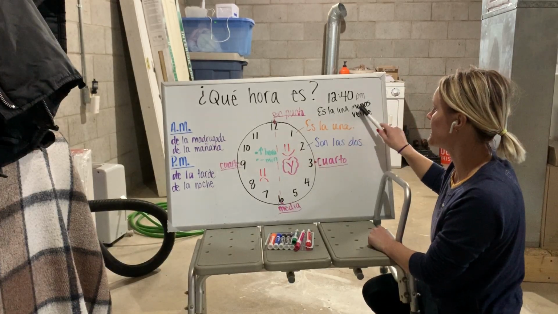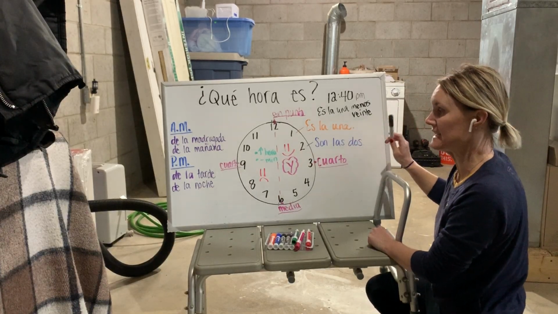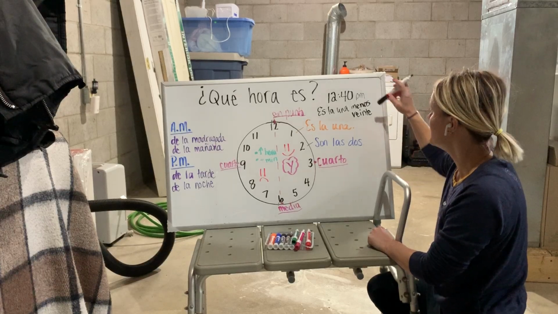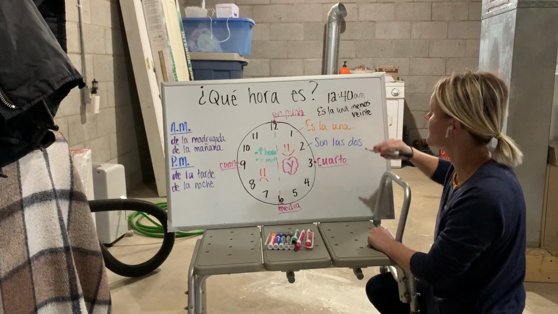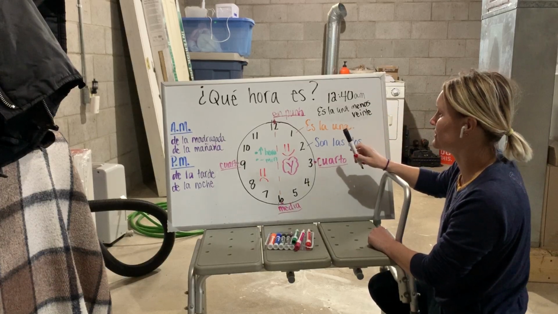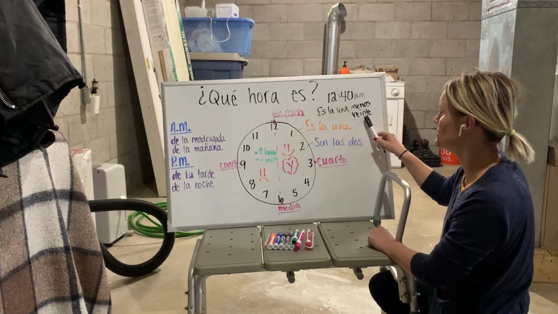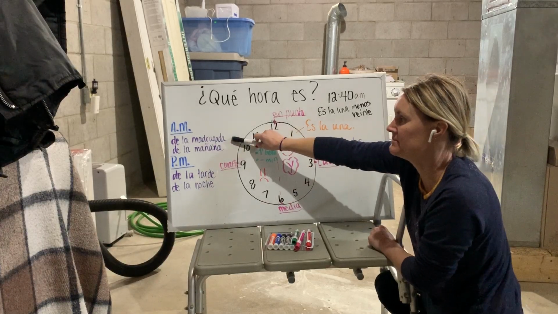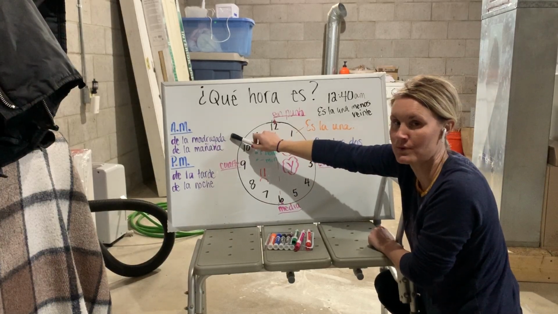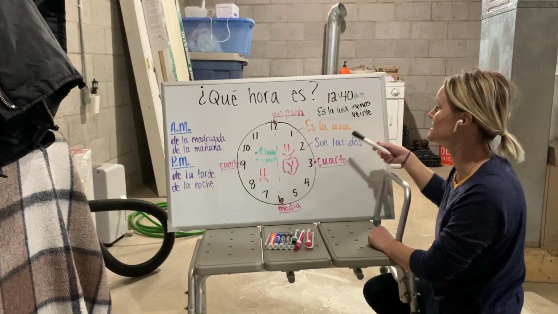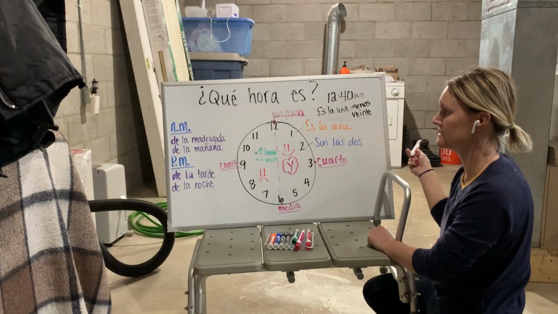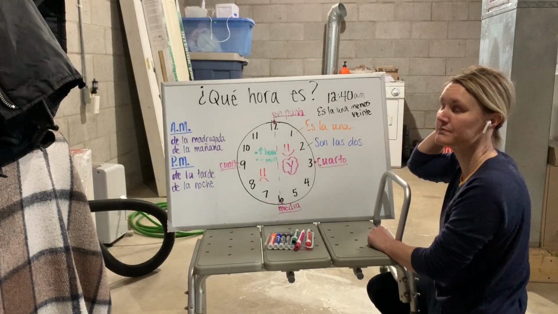So es la 1 menos 20 de la tarde. If it was 12:40 a.m., that would change now to es la 1 menos 20 de la madrugada, in the early morning. Okay, so that's how you tack on your time of day phrases. You put it at the very end of your telling time.